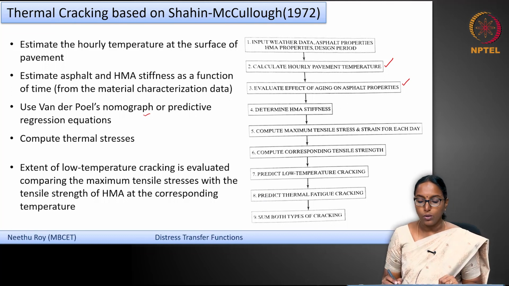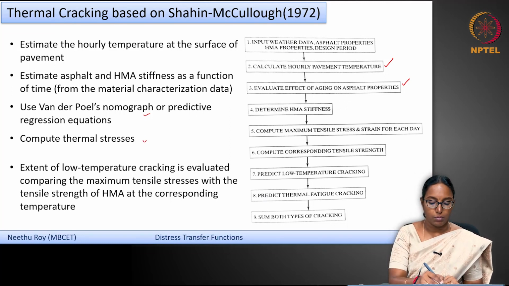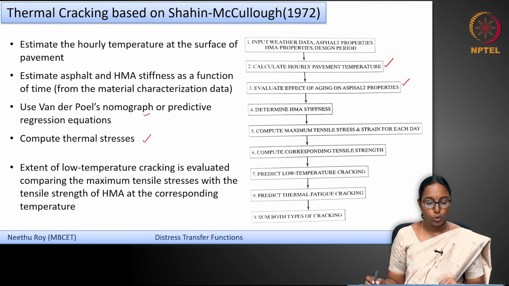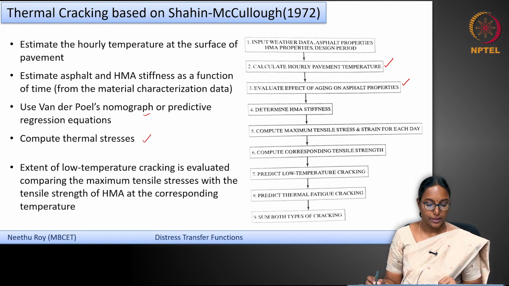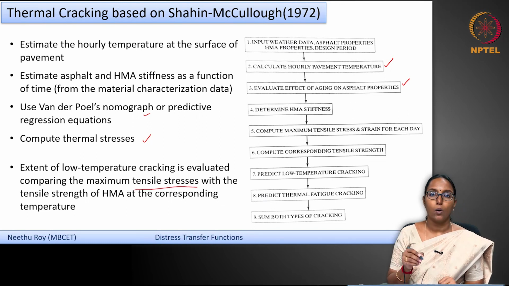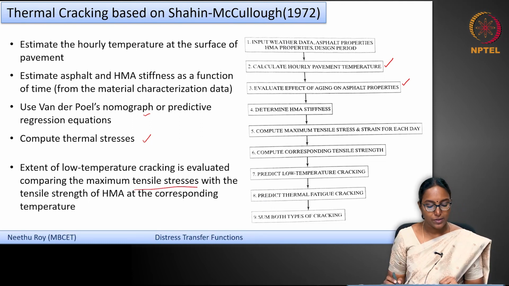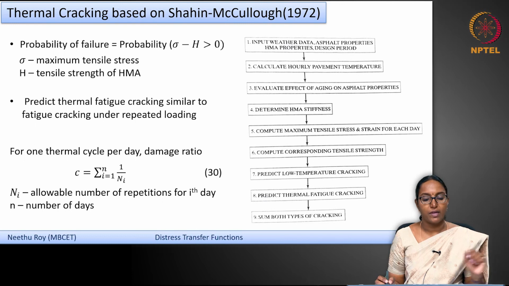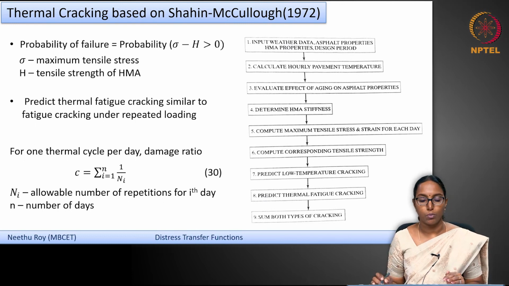Now, the next step is to compute the thermal stresses. Once you compute the thermal stresses, the extent of low temperature cracking can be evaluated by comparing the maximum tensile stresses with the tensile strength of the HMA at the corresponding temperature. Then we have to see whether there is a failure probability or not.